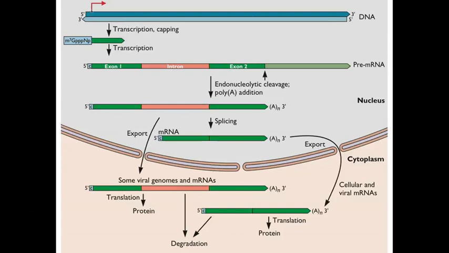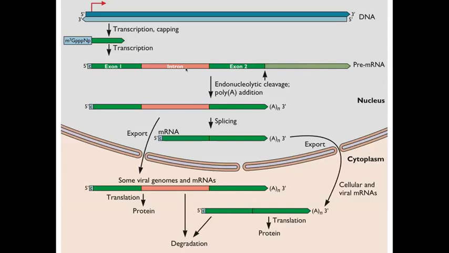Transcription initiates here, shown by the red arrow. We will always, by convention, use a red arrow to show the site of initiation of transcription. The mRNAs that are produced are capped at the 5' end. We'll talk about what that means. They are produced as pre-mRNAs.